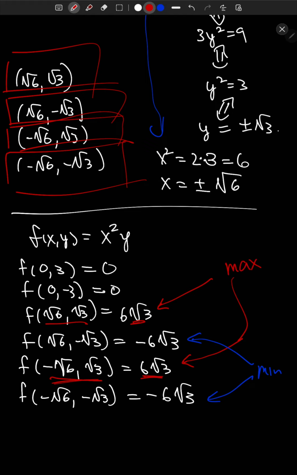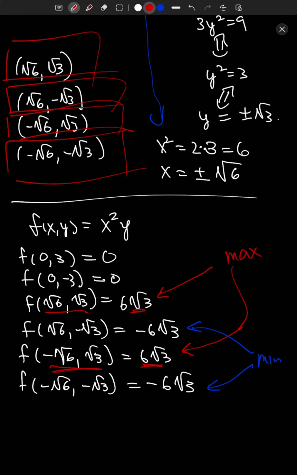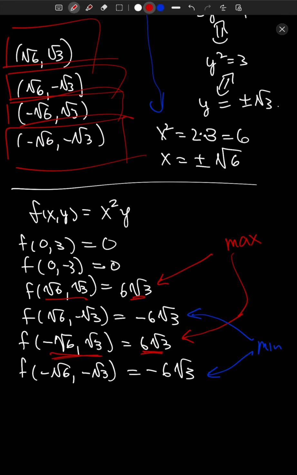Okay, and it's of course perfectly legal to have multiple absolute max and mins, because, for example, on a drive, you could be at the same elevation at multiple locations on your drive. Okay, so that's it. That's the core idea behind Lagrange multipliers.